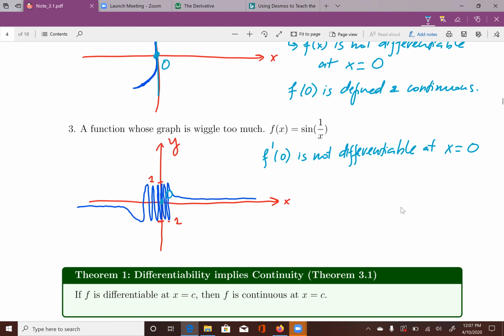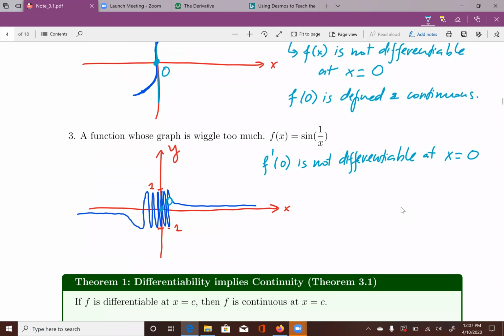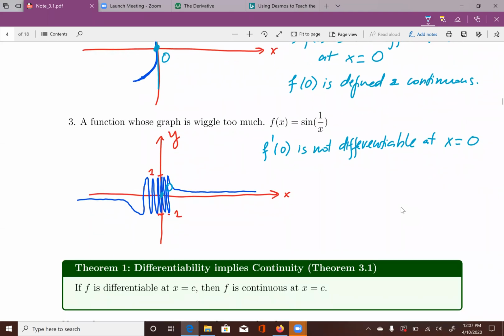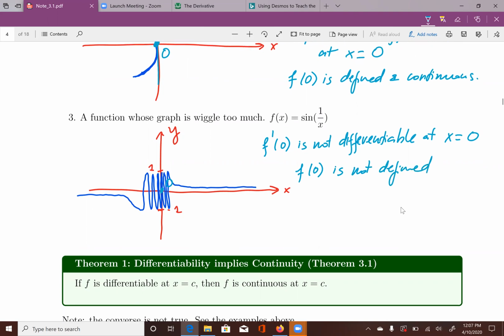At x equals 0, you know the limit does exist, right? And then f of 0 in this case is not defined, and discontinuous.